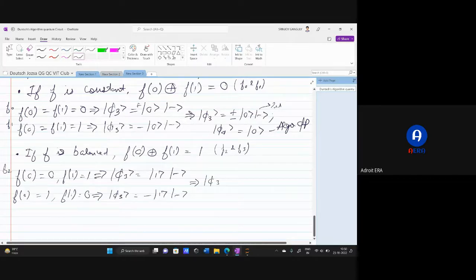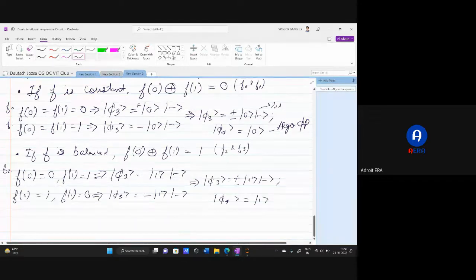So ket phi 3 will be equal to plus minus ket 1 ket minus, and once you take the measurement, remember you only measure the first qubit, so it collapses to the state ket 1.